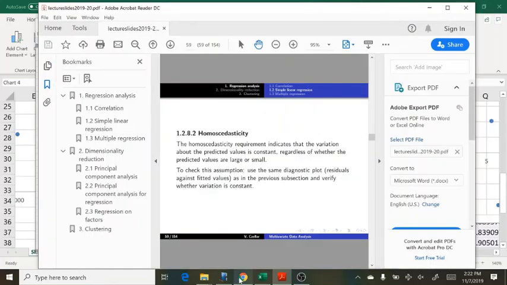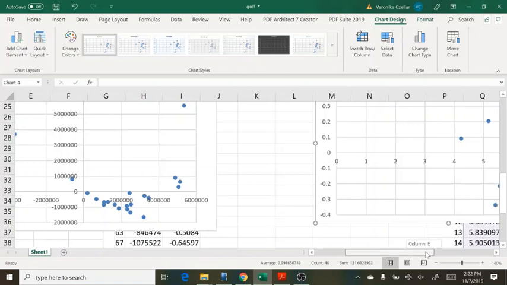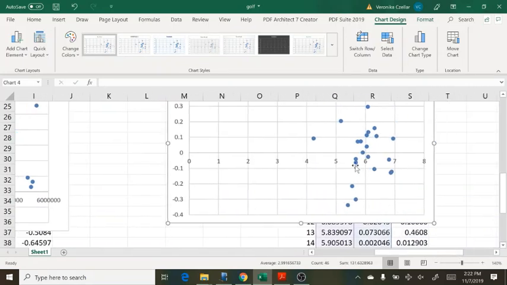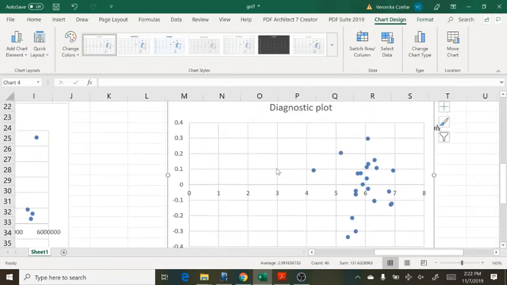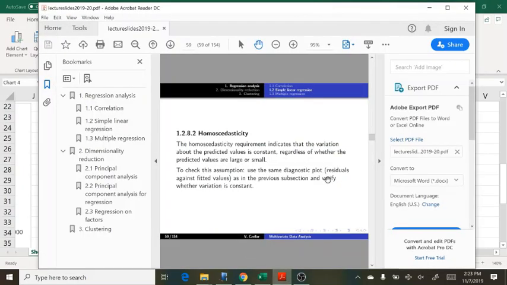And I look this time not for a clear pattern, not a clear relationship, but whether the residuals are increasing or decreasing. Do I have an increase in the variance or a decrease? Well, here I don't see any increase or decrease, so such a diagnostic plot is good actually.